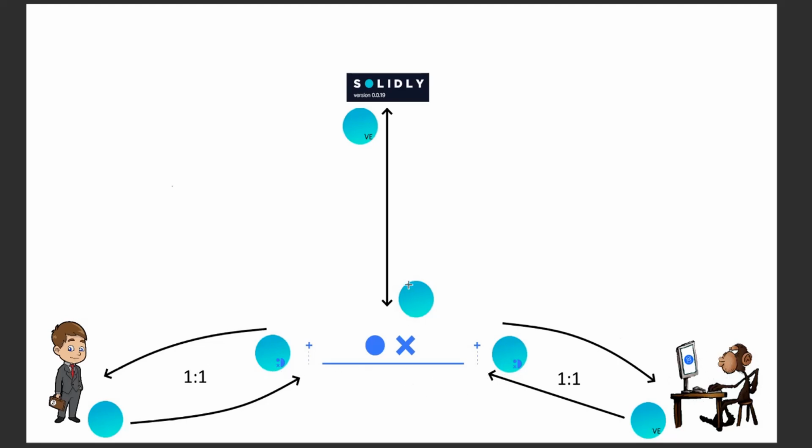Now, keep in mind that anytime Xerox DAO gets Solid tokens from anywhere, what they want to do is lock them for veSolid, and then they can get more voting rights and so forth.